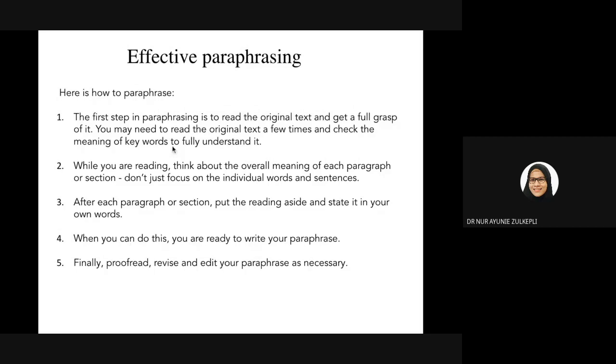Check the meaning of keywords to fully understand it. While you're reading, think about the overall meaning of each paragraph or section. Don't just focus on individual words or sentences. After each paragraph or section, put the reading aside and state it in your own words. When you can do this, you are ready to write your paraphrase. Finally, proofread, revise, and edit your paraphrase as necessary.